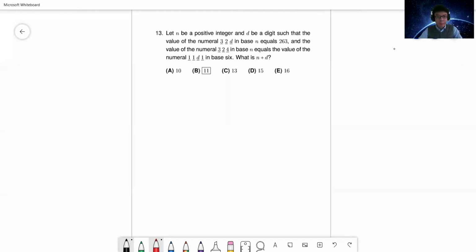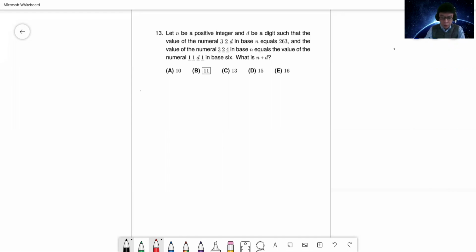Question 13. Let n be a positive integer and d be a digit such that 32d in base n equals 263. So this is the equation on d and n. 32d in base n equals 263.